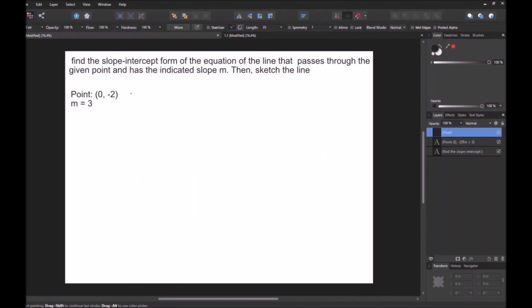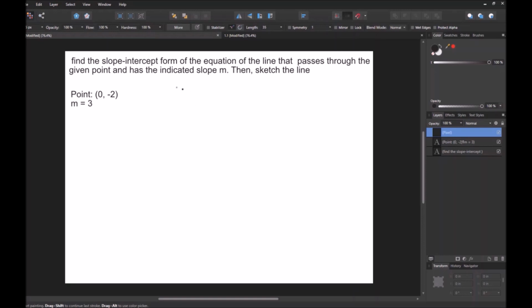Okay, so in this next question we are asked to find the slope-intercept form of the equation of the line that passes through the given point and has the indicated slope m, and then sketch the line. And the point we're given is 0, negative 2, and the slope we're given is m equals 3.